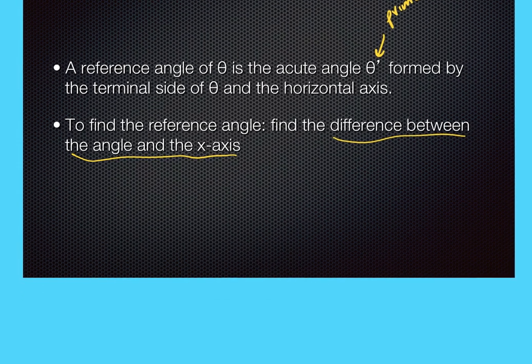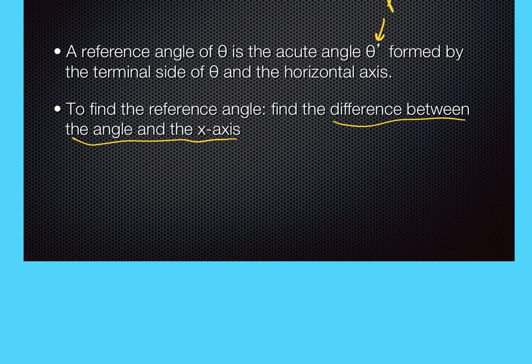So the first thing we're going to do is figure out what quadrant our angle is in. And to do that, we use the rules we used last week. Is it between 0 and a half, a half and 1, 1 and 1.5, or 1.5 and 2? Once you know that, then you're going to follow these rules. In the first quadrant, your reference angle is the same as theta.